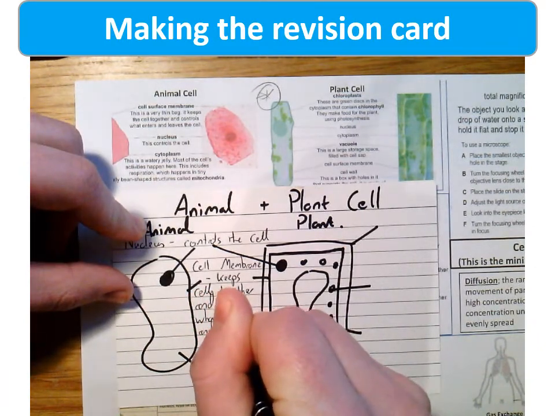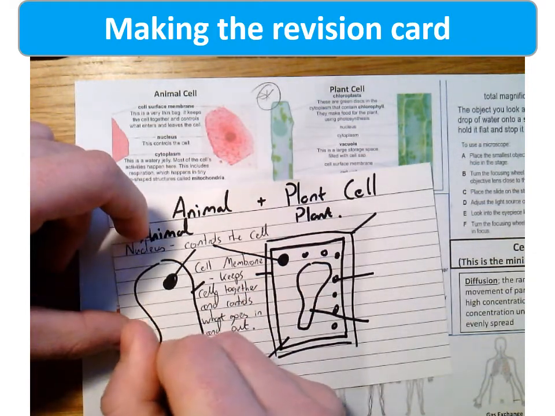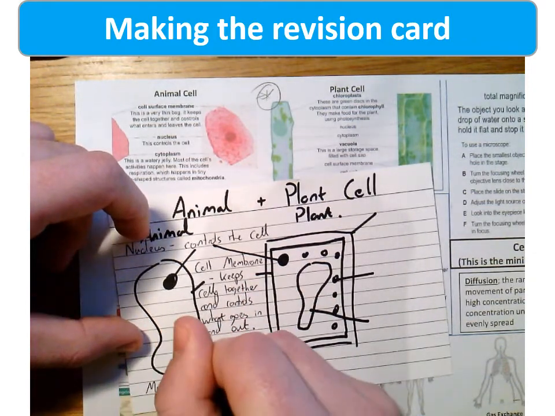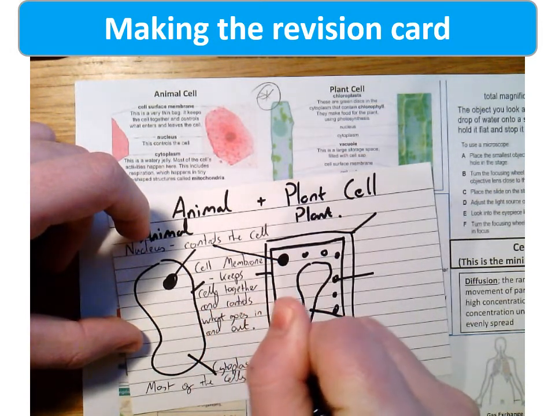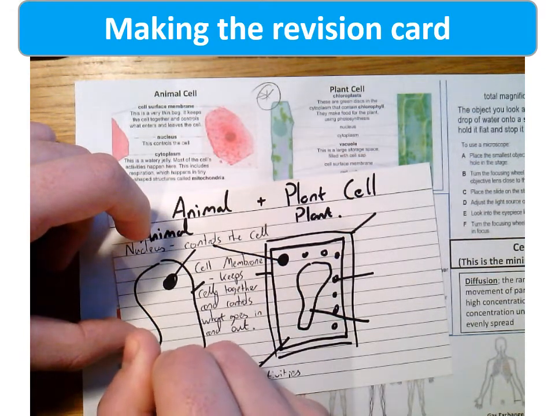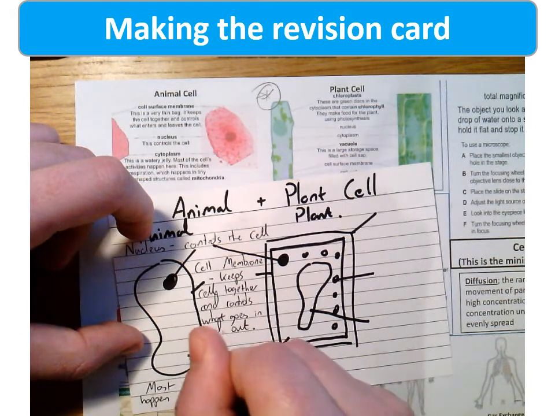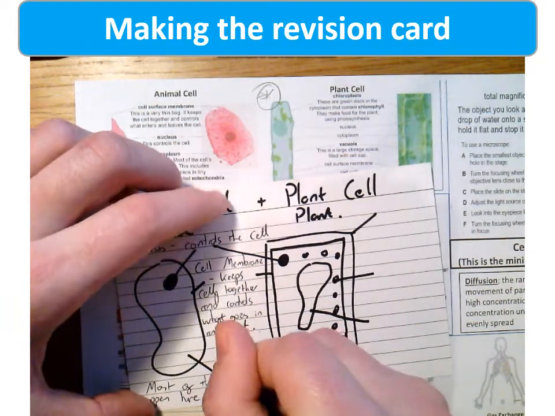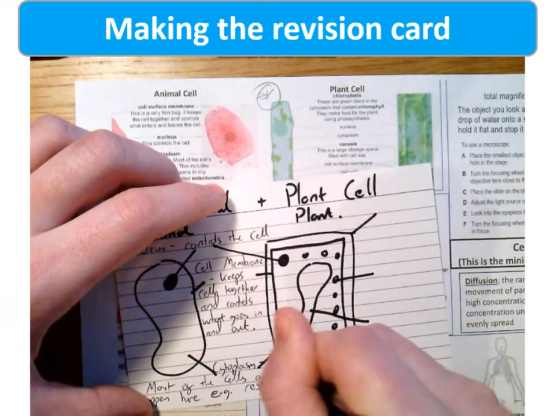Cytoplasm. You can put most of the cell's activities happen here, e.g. respiration.